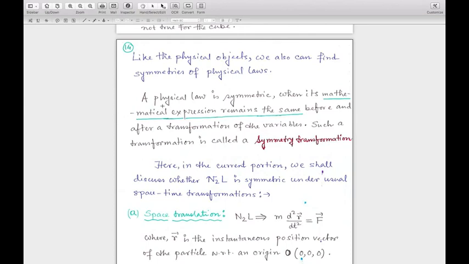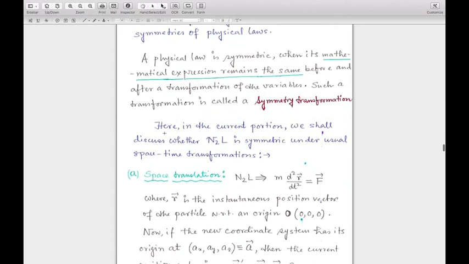So in a formal way, we can say a physical law is symmetric when its mathematical expression remains the same before and after a transformation of the variables. This type of transformation is generally called a symmetry transformation.